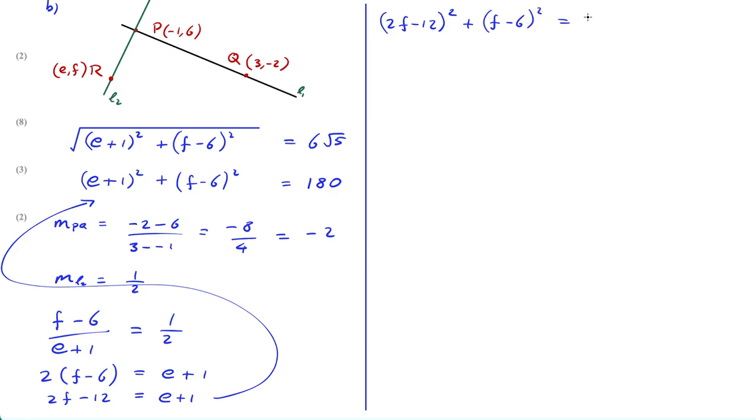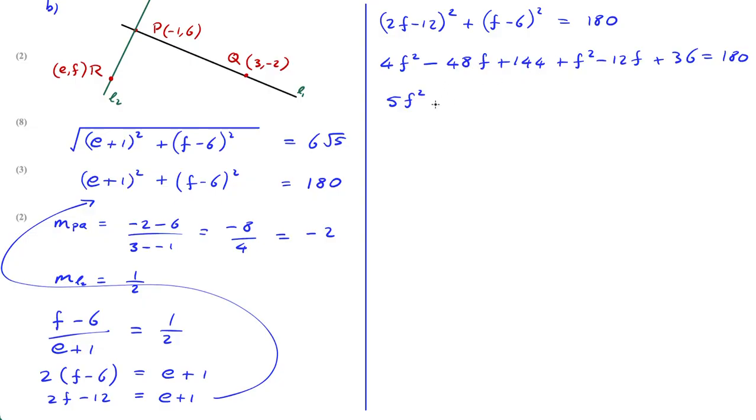Okay, multiply all this out. 4F squared minus 48F plus 144 plus F squared minus 12F plus 36 equals 180. Okay, simplify this. That's 5F squared. 48F minus 12F, no, sorry, it's minus 60F.